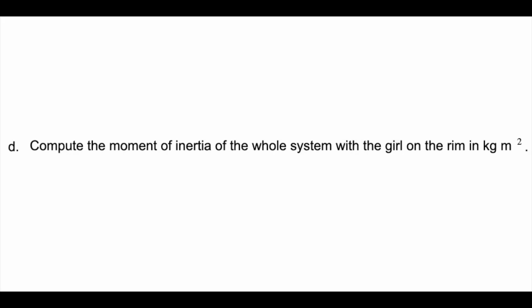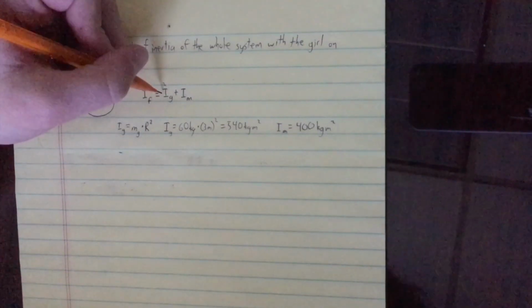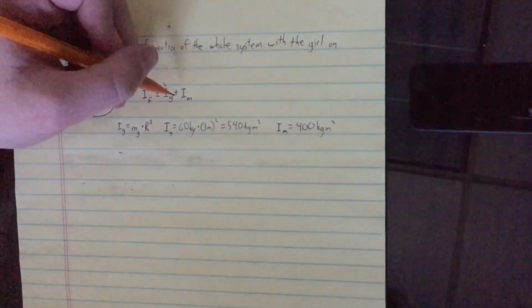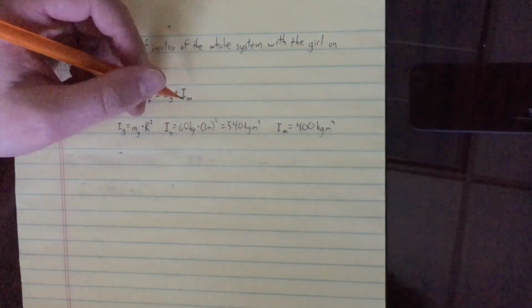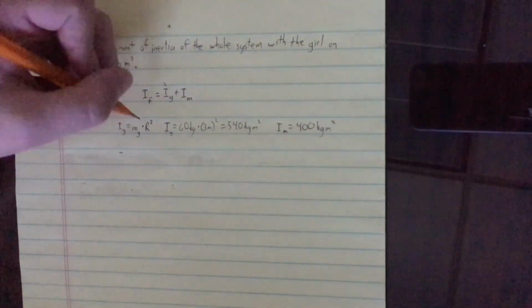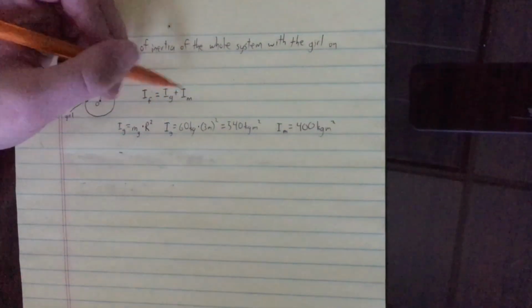Compute the moment of inertia of the whole system with the girl on the merry-go-round in kilogram meters squared. So to solve for the moment of inertia of the whole system, we just add the girl's rotational inertia and the merry-go-round's rotational inertia, which are going to be constants in this problem because for the girl, mass does not change, radius does not change. For the merry-go-round, its shape and radius both stay the same.